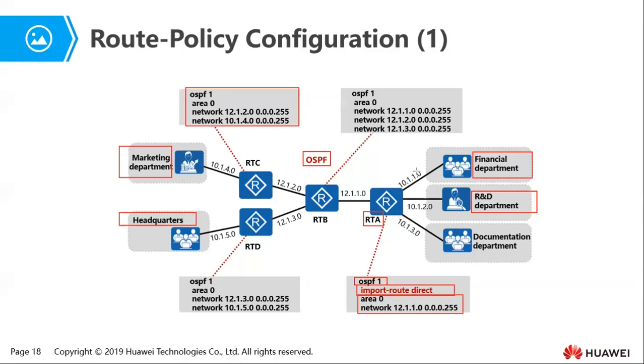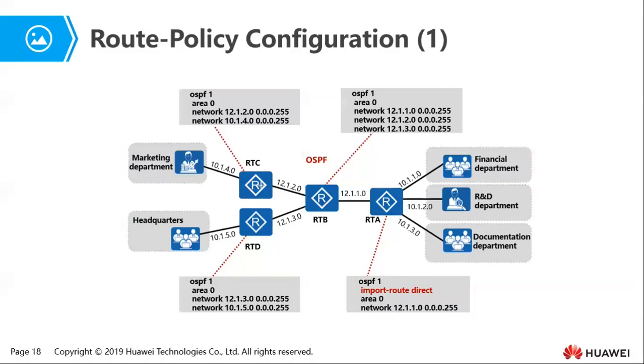So these three, 10.1.0, 10.2.0, and 10.3.0, are going to be imported into OSPF. With this configuration, everyone can talk to everyone else. Marketing department can talk to finance, to R&D, to documentation, and so on. So how do we configure it so that marketing does not get to finance and R&D? That is the next step now.